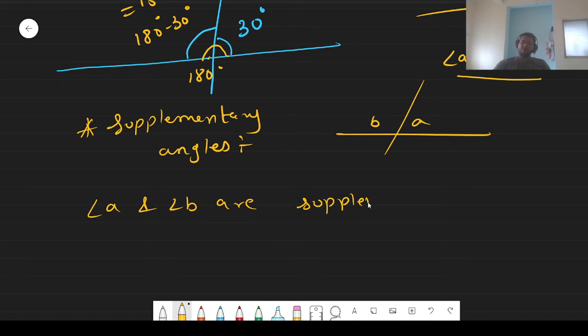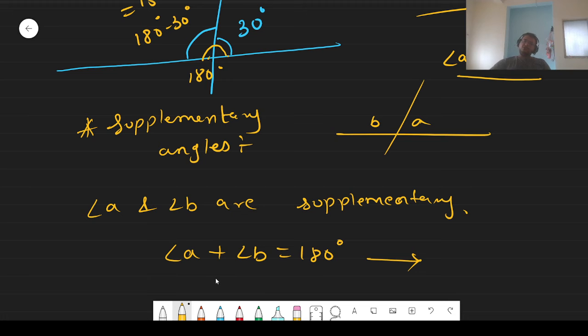So what does it mean? From that you have to infer that angle A plus angle B will be equal to 180 degrees, and you can use this result further if required.